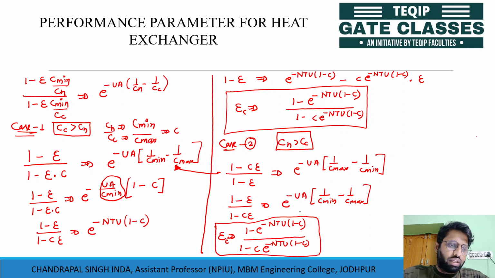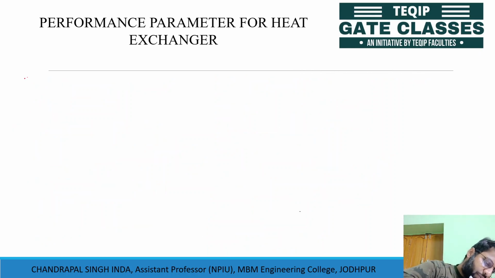So let's have one special case in which the product of mass flow rate and specific heat, the heat storage capacity, is equal for both fluids. Means we have a special case when Ch is equal to Cc.